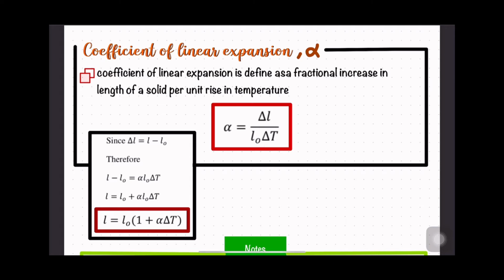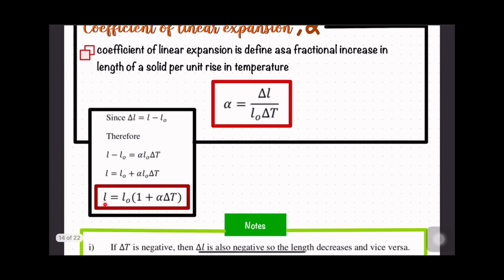Since delta L is equal to L minus L0, you can rearrange the new equation when you want to determine the value of the new length, when we heat at a certain temperature. So to find the new length, it equals the actual length times 1 plus alpha delta T.